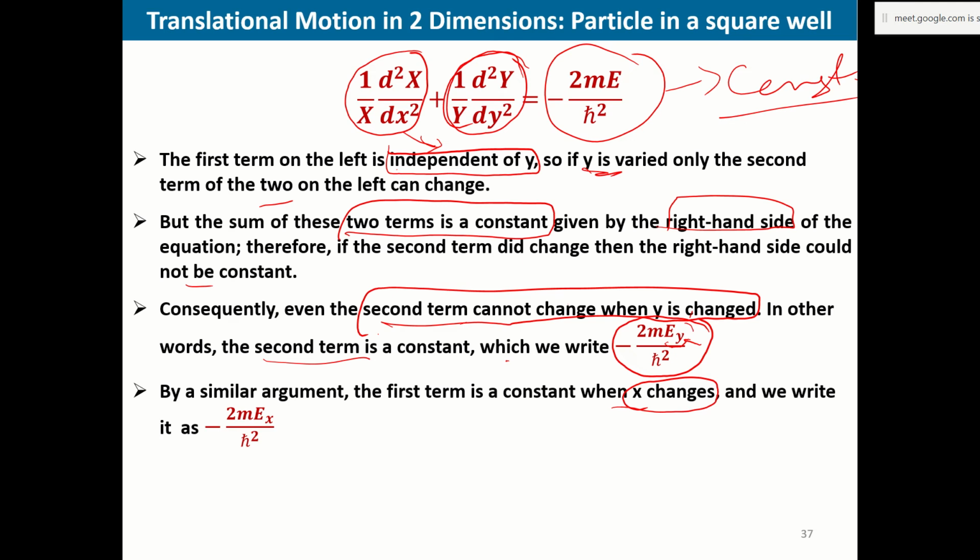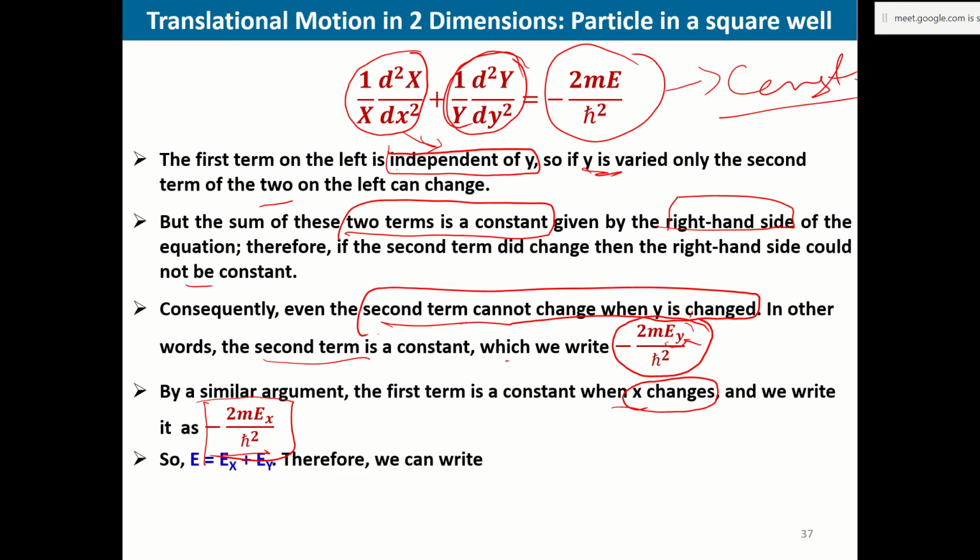But if the first term changes, then the right hand side will also change. So to keep the right hand side constant, even the first term should be treated as a constant, and this constant must be equal to something like this. This term Ex that you are seeing is the kinetic energy due to the motion along the x-axis.